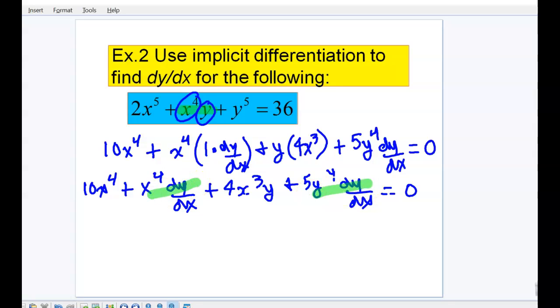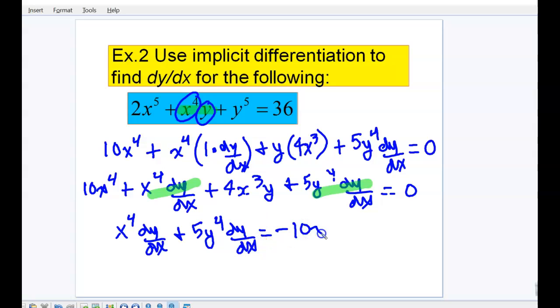So what I'm going to do is keep the x to the fourth dy dx plus my 5y to the fourth dy dx on the left side of the equation, and I'm going to move the 10x to the fourth and the 4x cubed y to the other side.